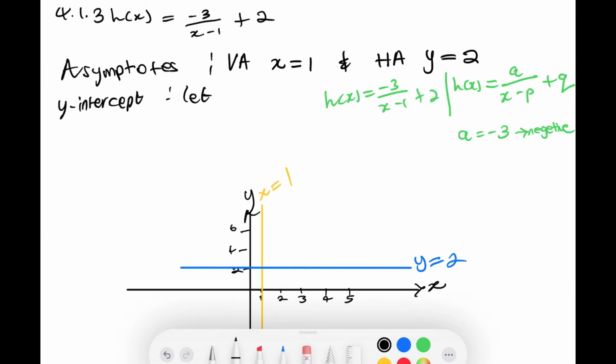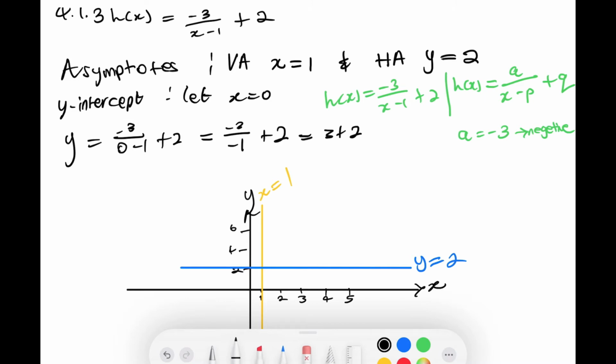You let x equal 0, therefore you're going to have that y is equal to negative 3 over 0 minus 1 plus 2, which is negative 3 over negative 1 plus 2. And this is 3 plus 2, which is 5. Therefore, the point (0, 5) is the y-intercept. These 3 dots mean therefore.